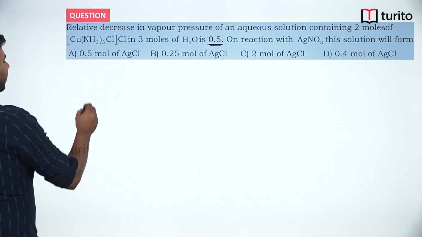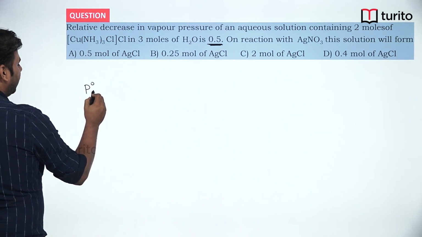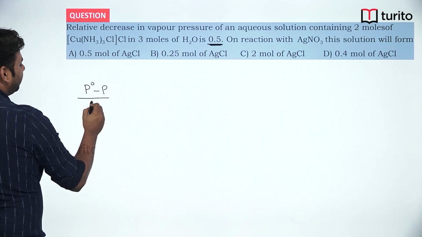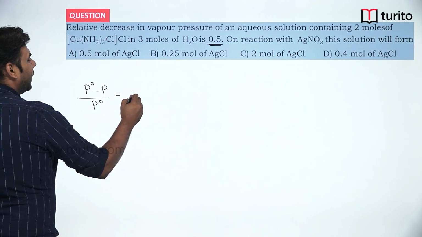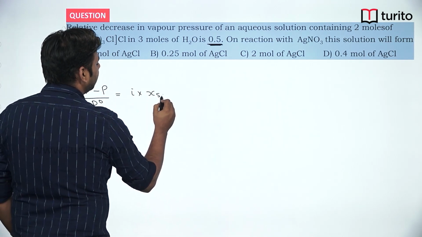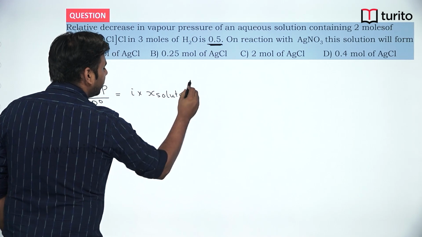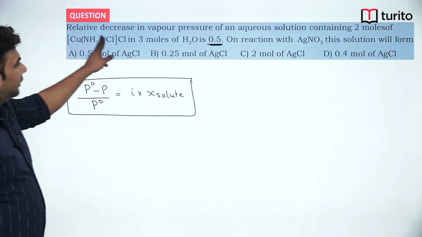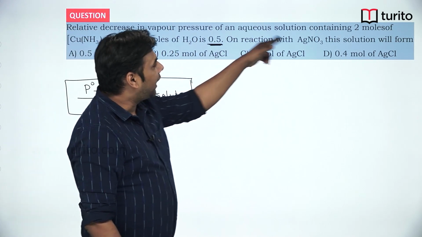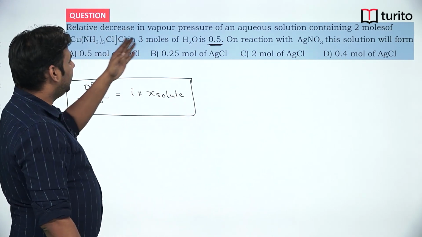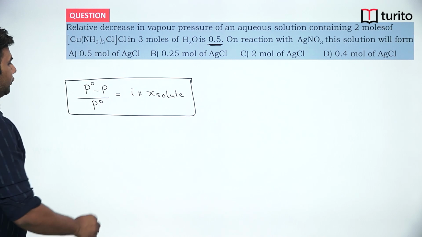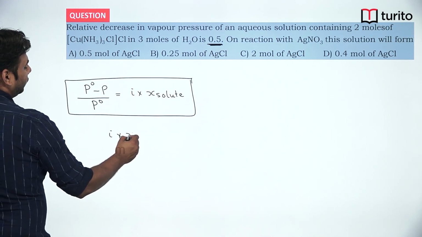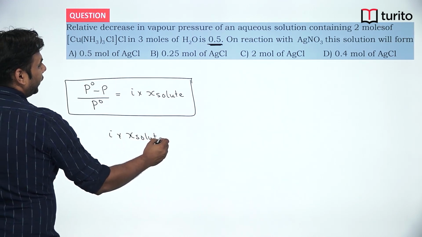So we know that the relative decrease in vapor pressure, or the lowering in vapor pressure, is P naught minus P upon P naught equals i into mole fraction of solute. Now this has been given to us as 0.5. So we know that i into mole fraction of solute is 0.5.